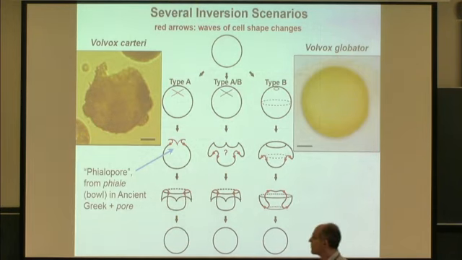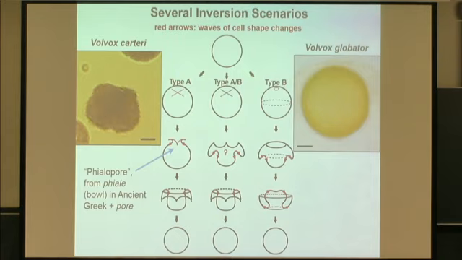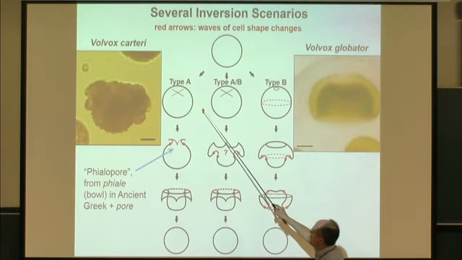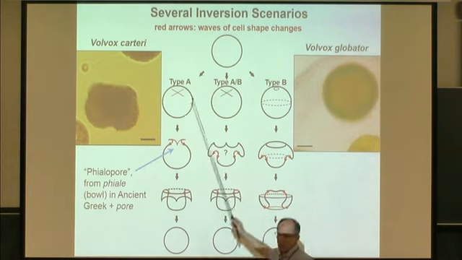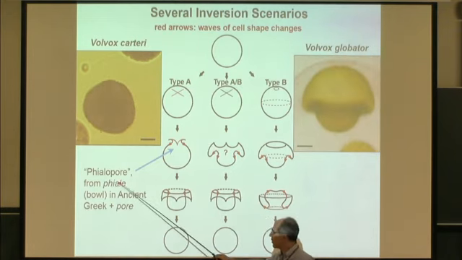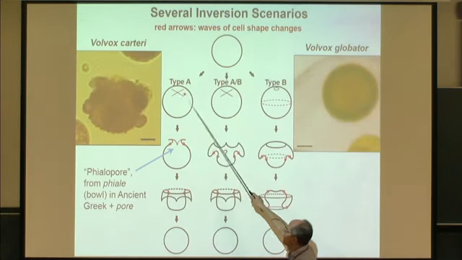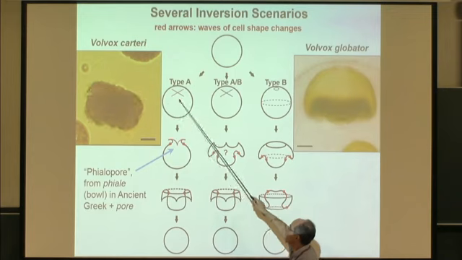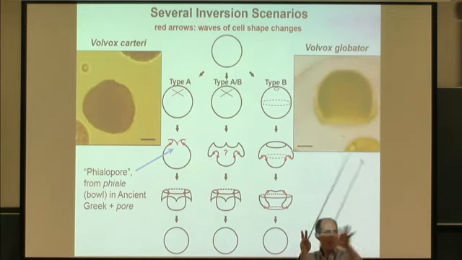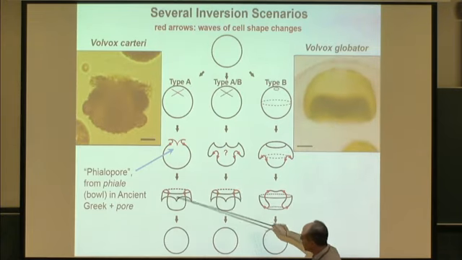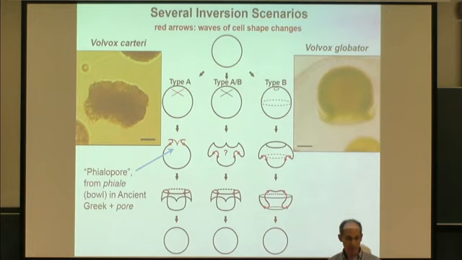So in Volvox, there are two types of embryonic inversion, and they are known as type A and type B. In type A, a cross-shaped opening, which is called the phialopore, Greek for bowl and pore, opens at the top of the embryo, and 4 lips peel back, initiating a process that is schematically shown here that results in inversion.